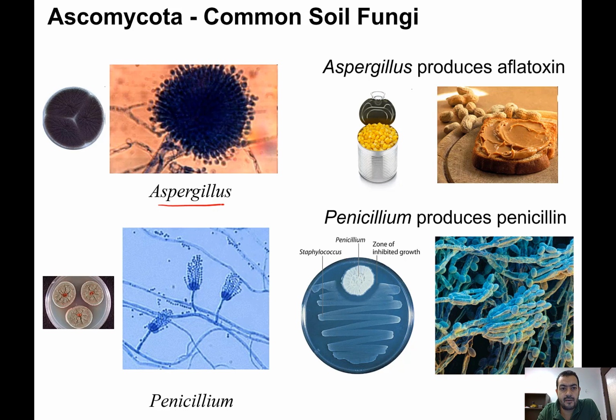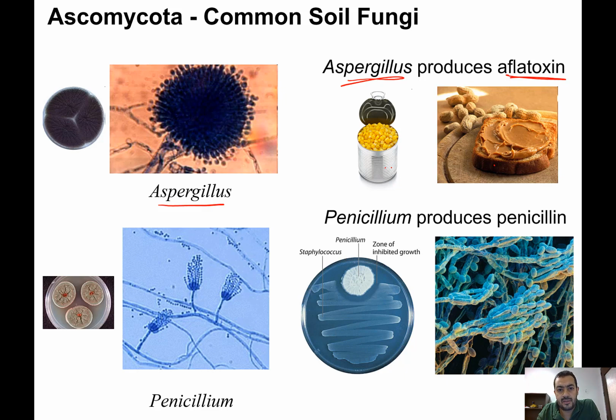So again, the spores of this Aspergillus can be in the soil, it can spread everywhere, and two products that they may contain levels of the aflatoxin. This toxin is produced by the Aspergillus. That's why it has importance and medical relevance.